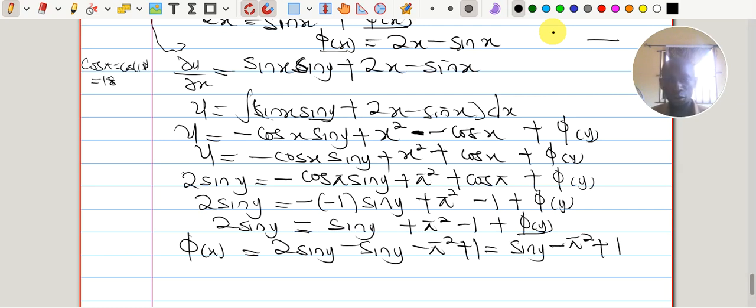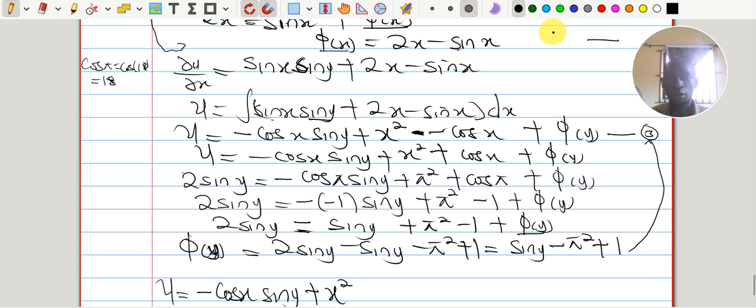Now finally, we can have u equal to minus cos x sine y plus x squared plus cos x, plus sine y minus pi squared plus 1.